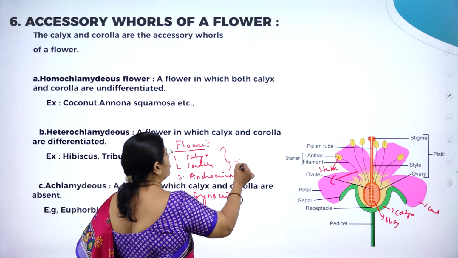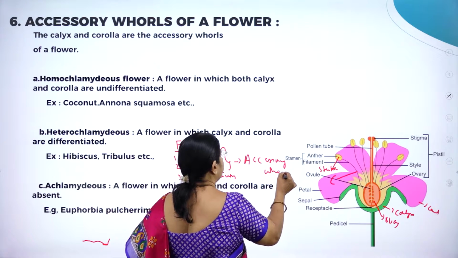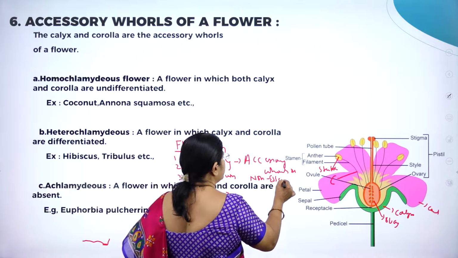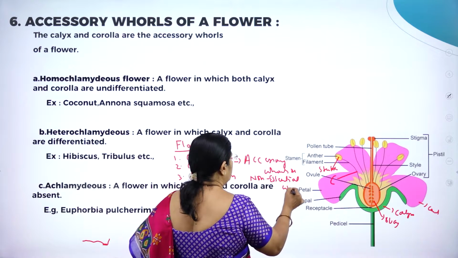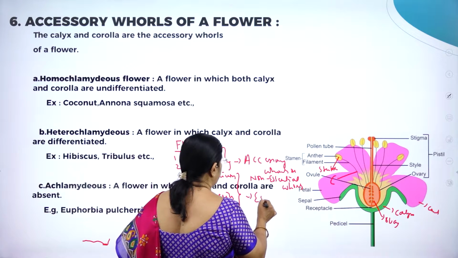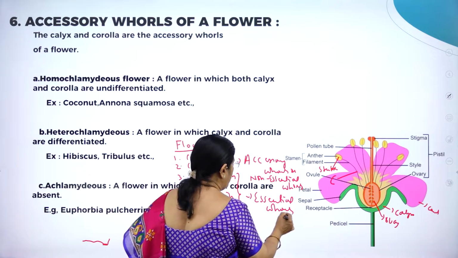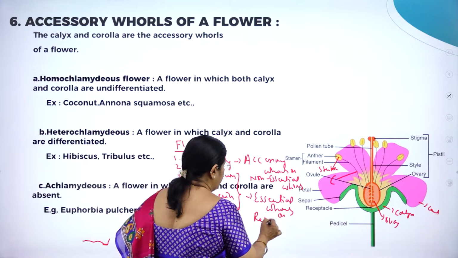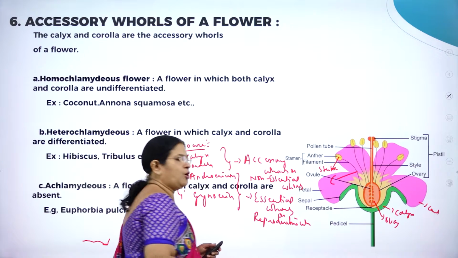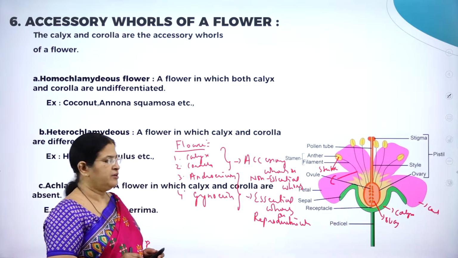Here these two are called accessory whorls, or they are also called non-essential whorls, whereas these two are called essential whorls, or they are also called reproductive whorls.